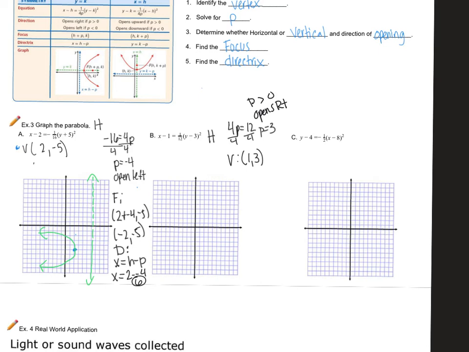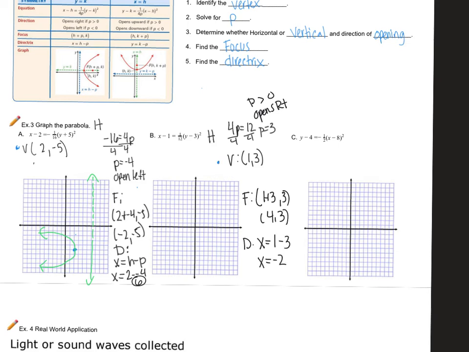Alright, let's go ahead and find our focus. Our focus is going to be h plus p, 1 plus 3, k, which is 3, so 4, 3, and our directrix is going to be x equals h minus p, so x equals -2.